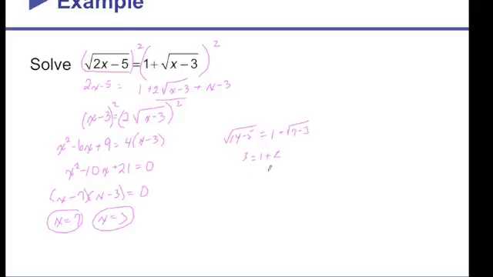So that one checks, and we check the 3. 2 times 3, 6 minus 5, square root of that, equals 1 plus the square root of 3 minus 3. Well, this will be 1 equals 1 plus the square root of 0, which is 0. So that also checks, and we get to keep both of these answers.